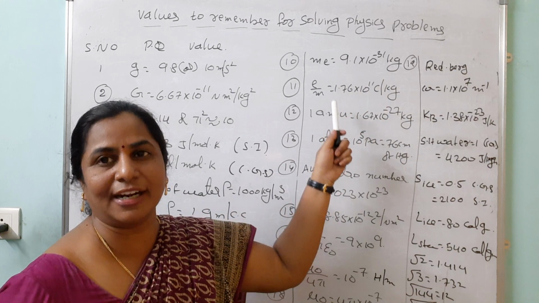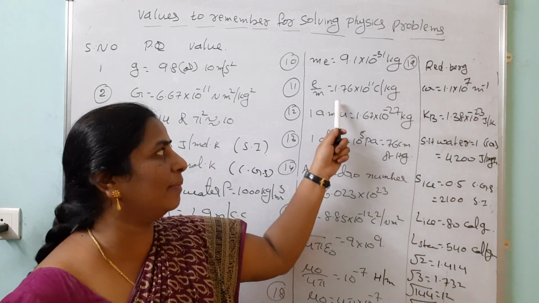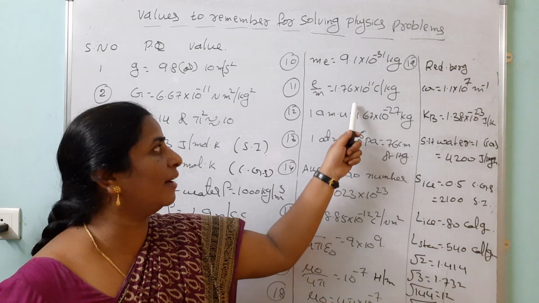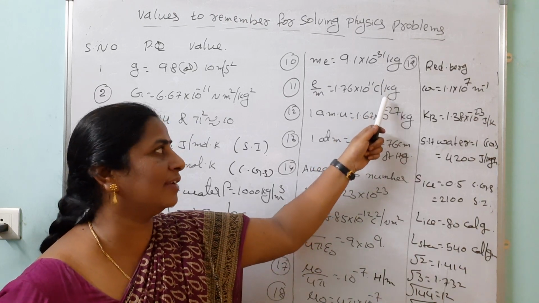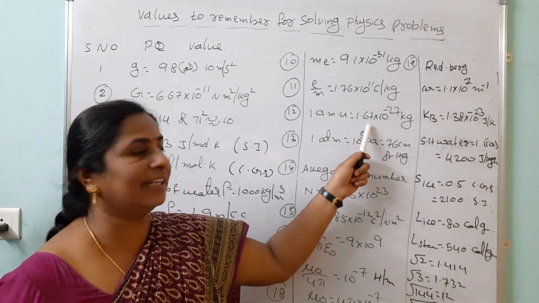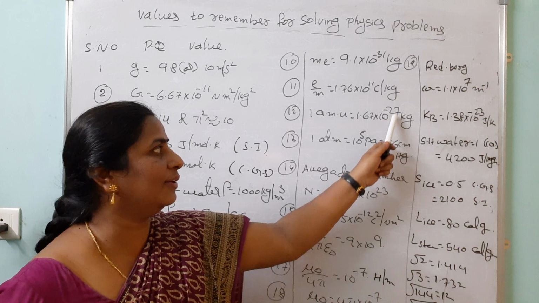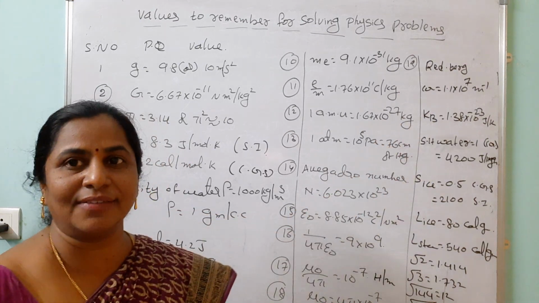From these two we get one more thing, that is the specific charge of the electron, e by m equals 1.76 into 10 to the power of 11 coulomb per kg, and one atomic mass unit equals how many kg? 1.67 into 10 to the power of minus 27 kg.